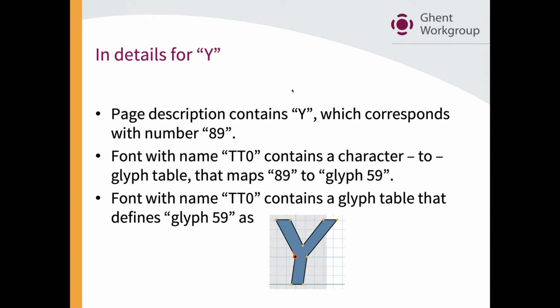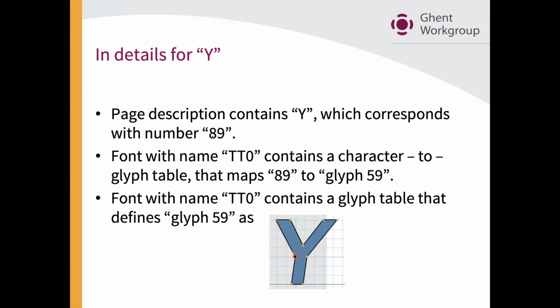Because what you have in the page description is a Y, and that actually, if you would look at it, is represented by a number. And the number in this particular case is 89. That is not important, but what is important is that in this page description, you just have a bunch of numbers.